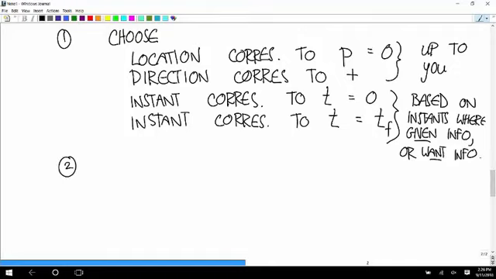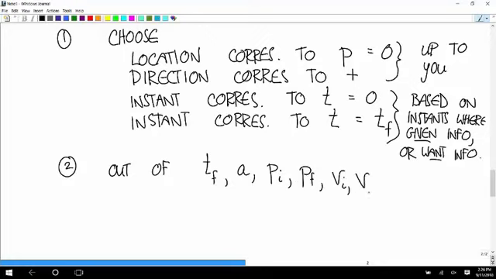Second, the variables that appear in these equations. So those variables are TF, A, PI, PF, VI, and VF.